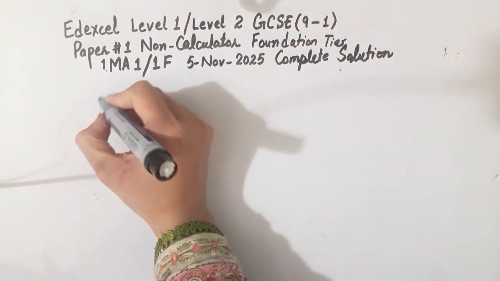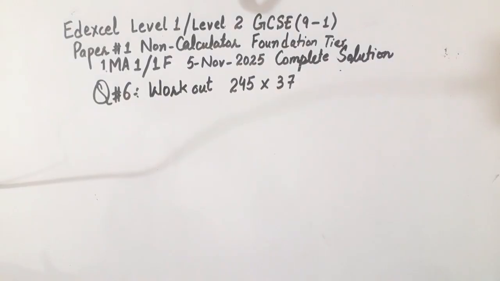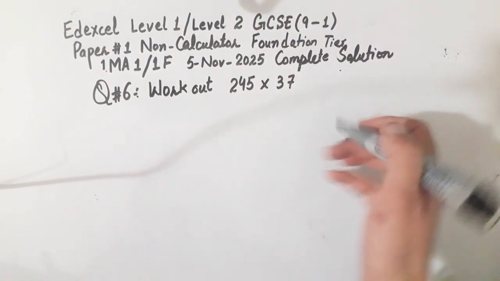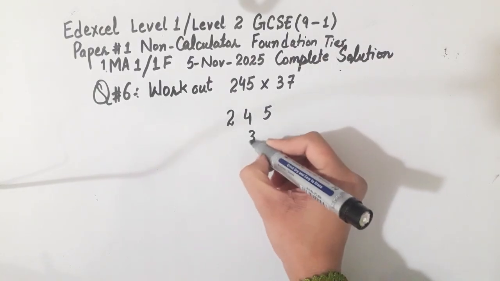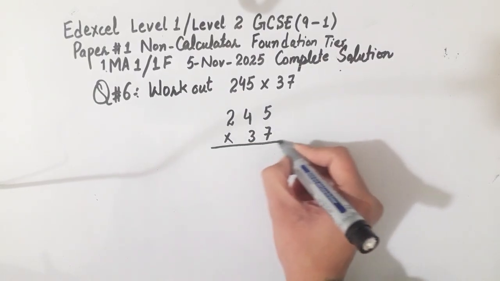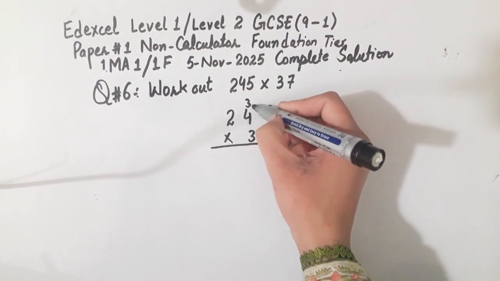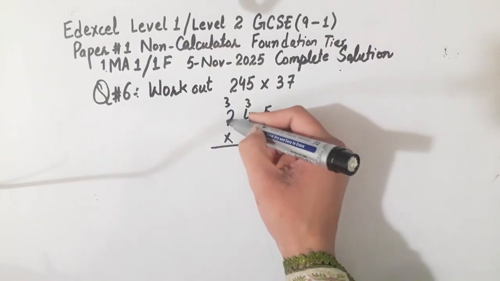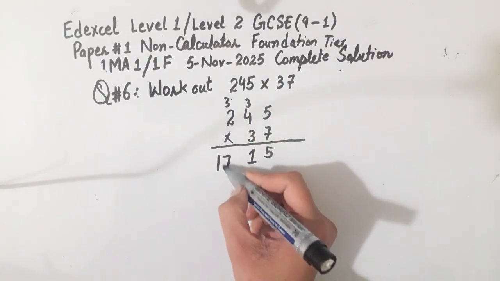Now we will solve question number 6. Question number 6 is work out 245 multiply 37. So we will do multiplication of this. 7 5s are 35, 7 4s are 28, 29, 30 and 31. Then 7 2s are 14 and 15, 16, 17.